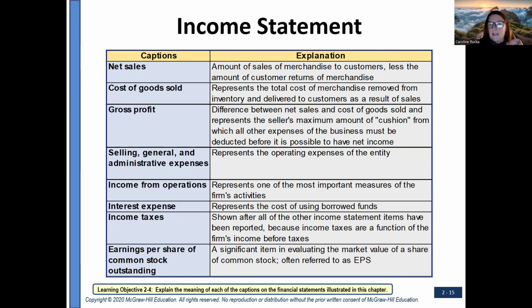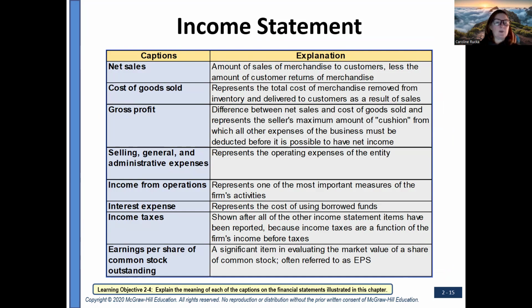Okay, so some definitions for the income statement. Remember, net sales are the amount of sales to customers minus any customer returns. Costs of goods sold, those are the things that we purchased for inventory that have been sold.